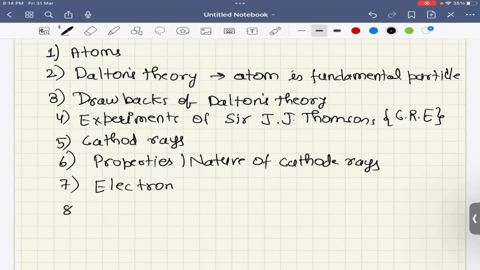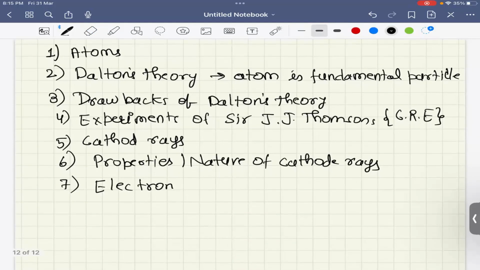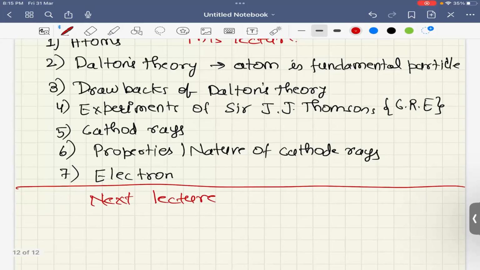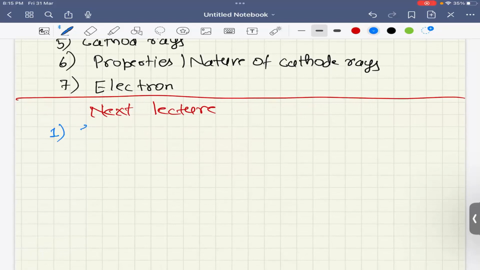right? In the next lecture, what we will be doing is seeing the charge to mass ratio of electron.